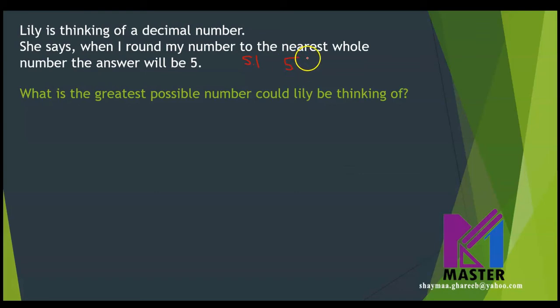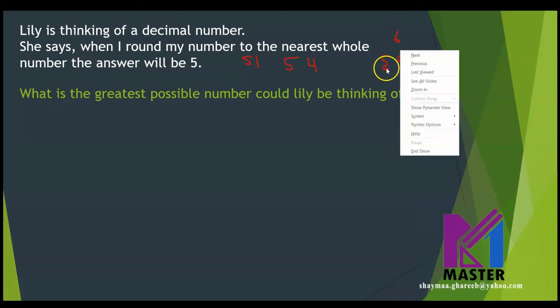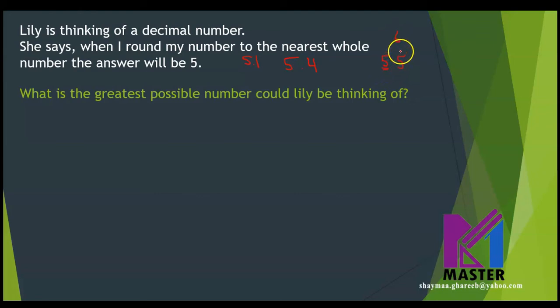What about 5.5? If I round it to the nearest whole number, the number will be rounded up. Then the 5 will be 6. It will not give me 5. It will give me 6. So it's not 5.5. It has to be less than 5.5.